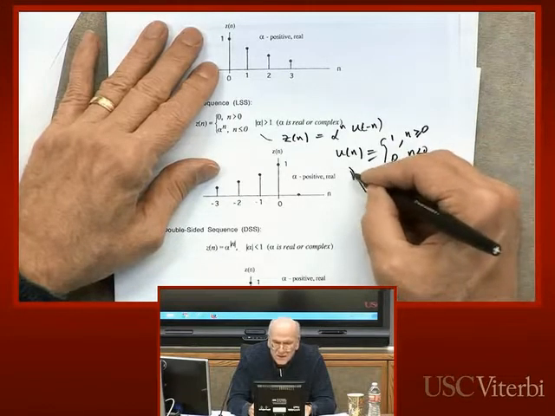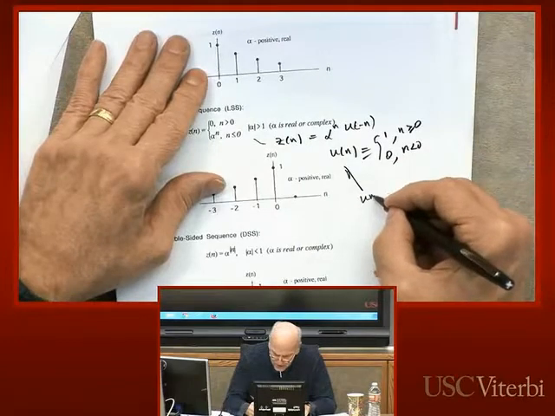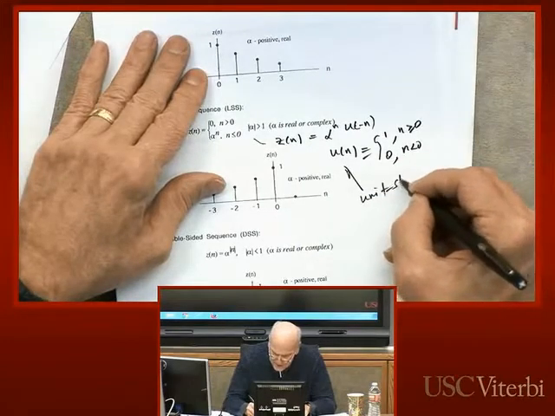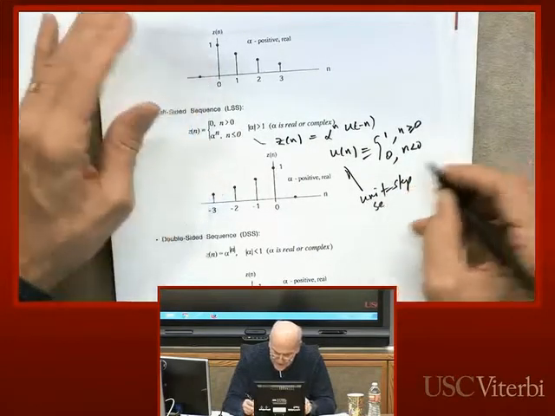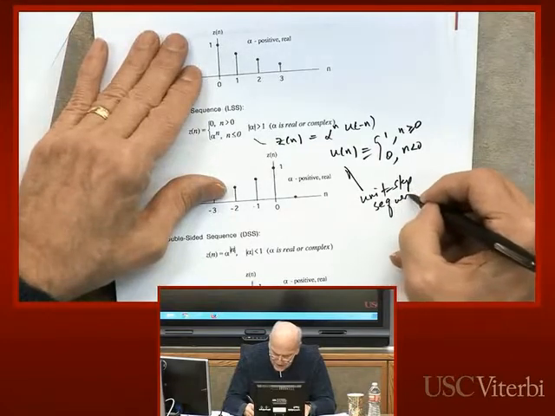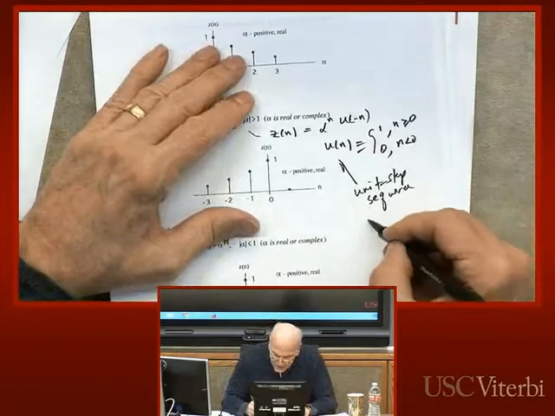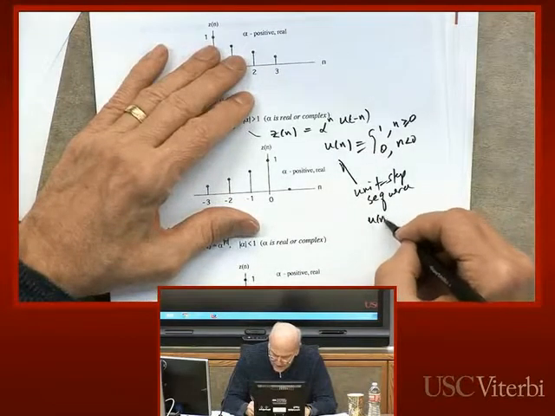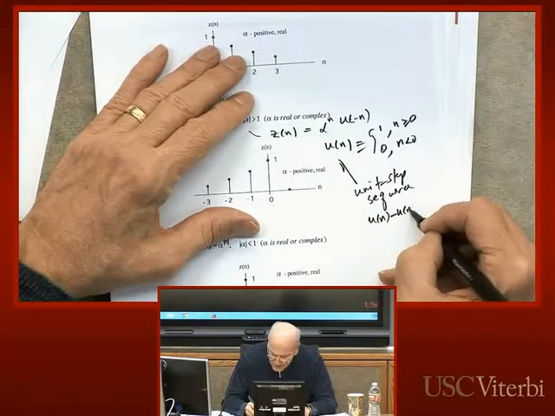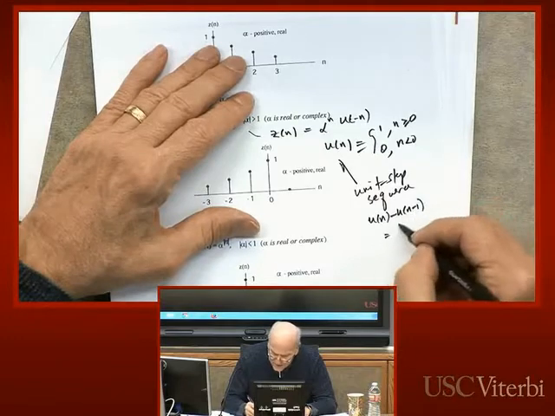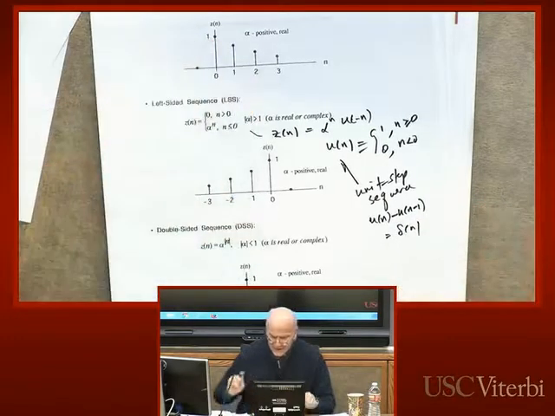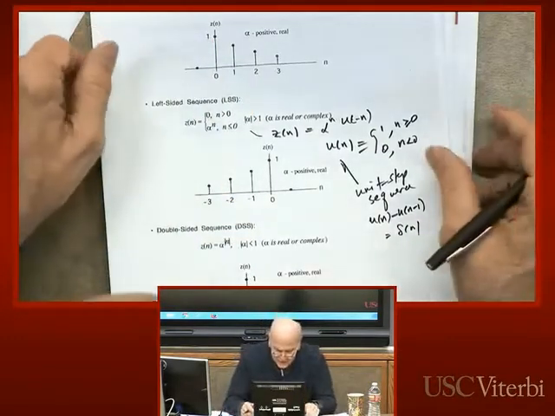This is called the unit step function, or unit step sequence. That's kind of like the delta function. Again, another building block. In fact, if you difference u of n minus u of n minus 1, you will get the delta function. Okay, so they're all related.